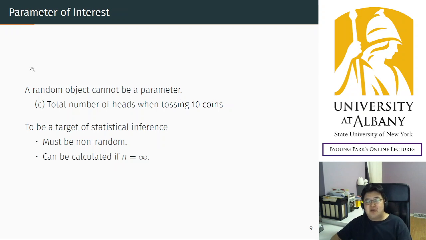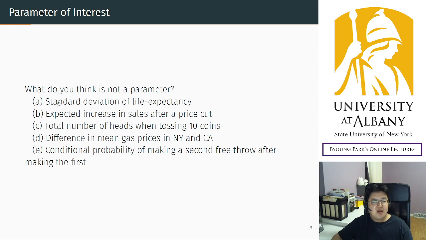So it cannot be a target. You have to set a target and you are estimating that. But saying I'd like to estimate the number of heads does not make any sense because it's random by nature. On the other hand, all the other 4 examples are well-defined parameters.